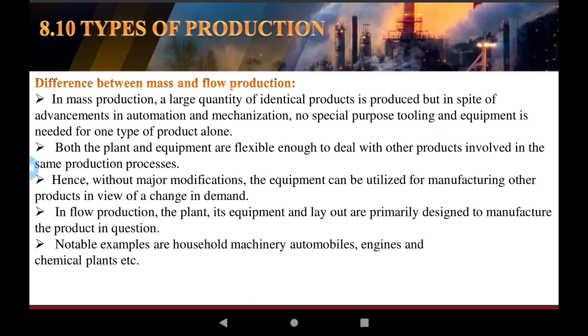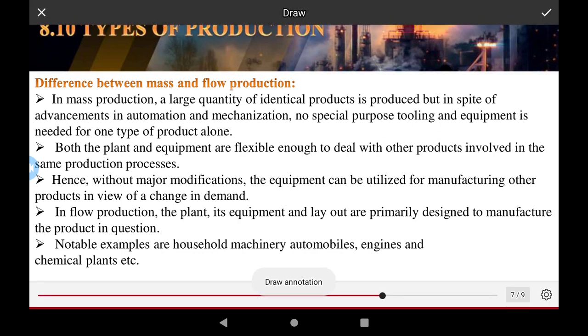The difference between the mass production system and flow production. In mass production, a large quantity of identical products is produced, with the advancement of automation and mechanization.